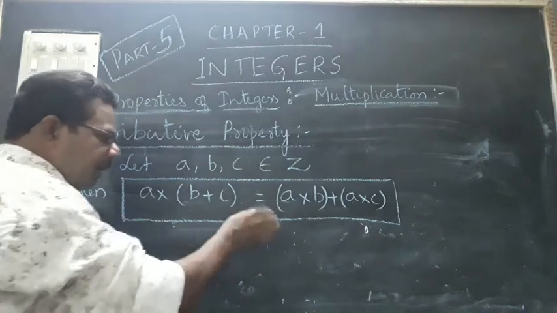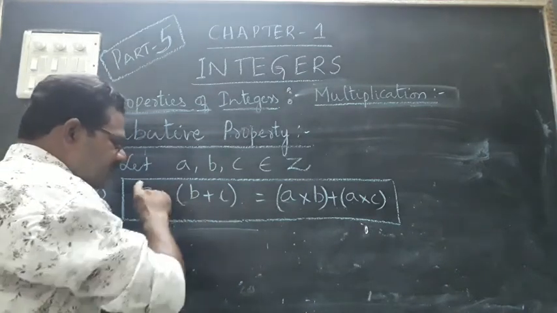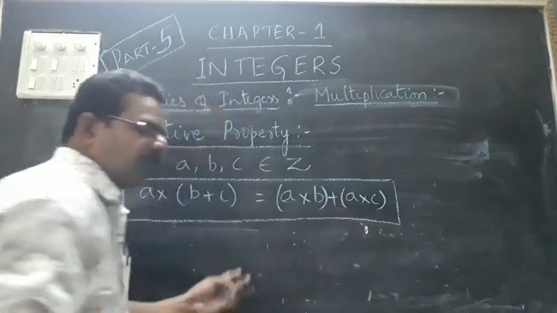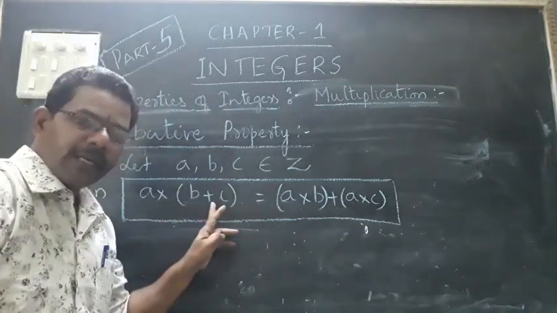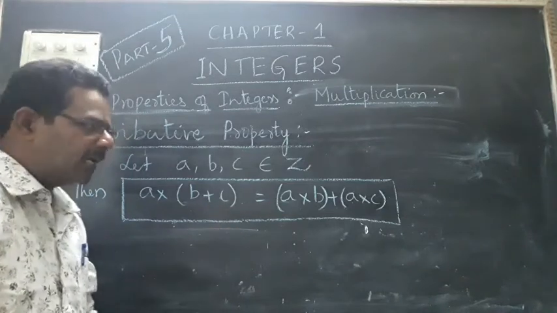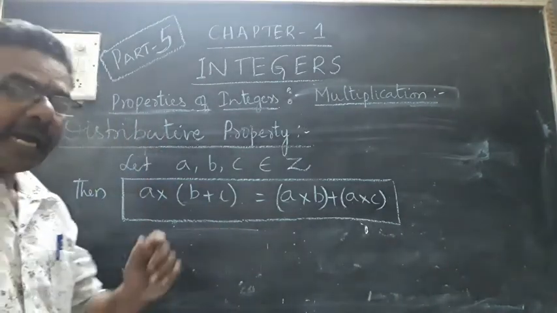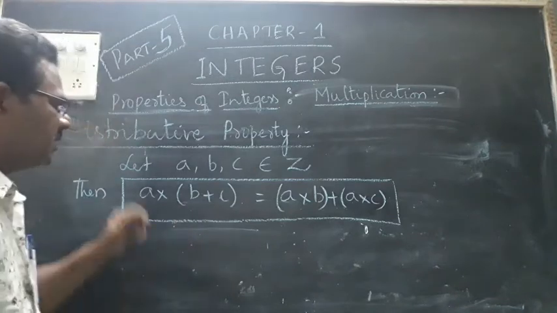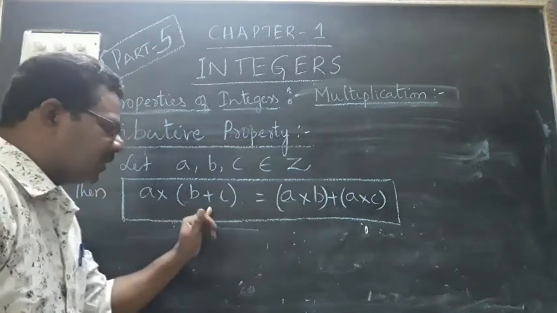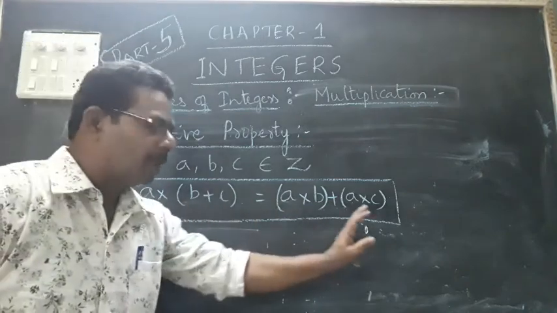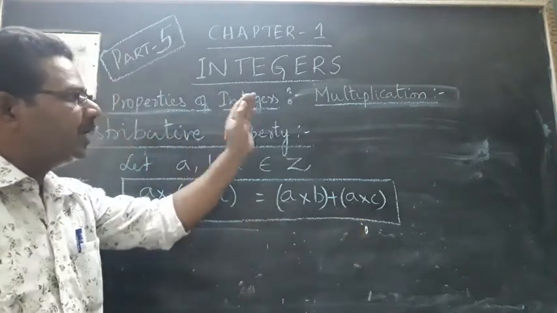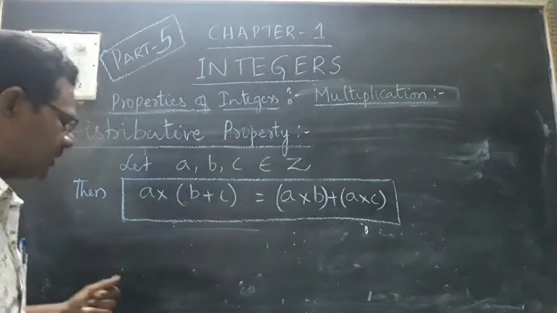Now it will be A into B plus A into C. That will be distributing among those two integers under addition. So that's why this is called the distributive property, or distribution of multiplication over addition.